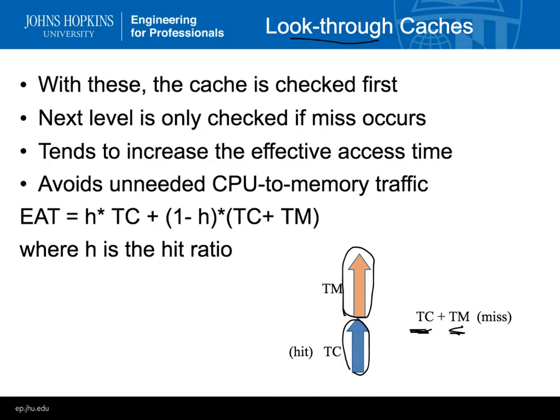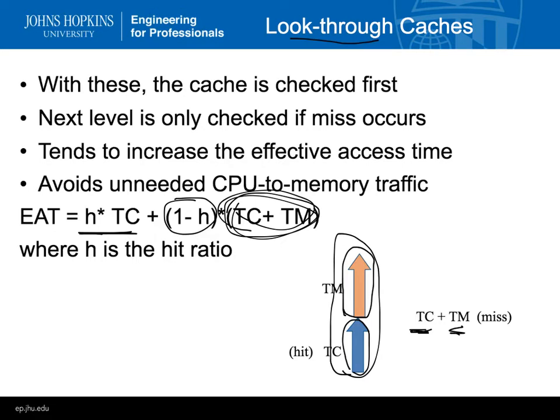So here the average access time would be the hit ratio times the cache time, and then the miss ratio times this, added together. Because if you have a miss, this is the time it's going to take, this whole thing. So this is your penalty, the whole TM.